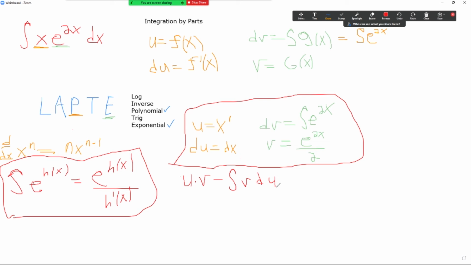So the tricky part is finding what you should let u be. One thing I want to point out is, notice when we took the derivative of u, that power is decreasing. If you had let dv be x, we would have been increasing the power on the polynomial.